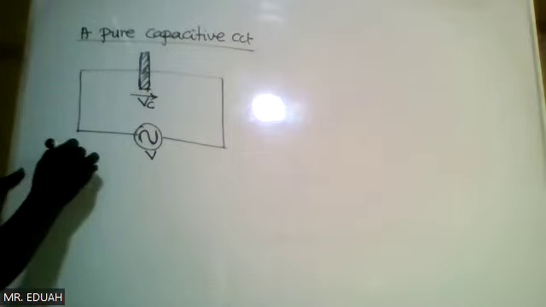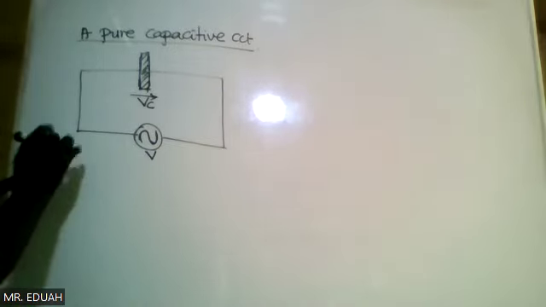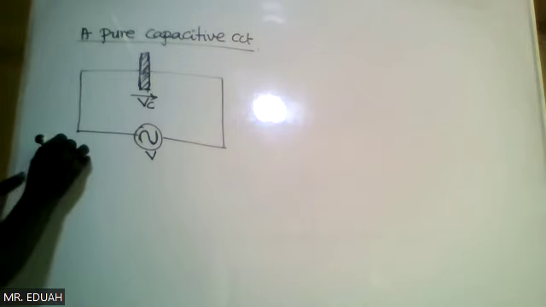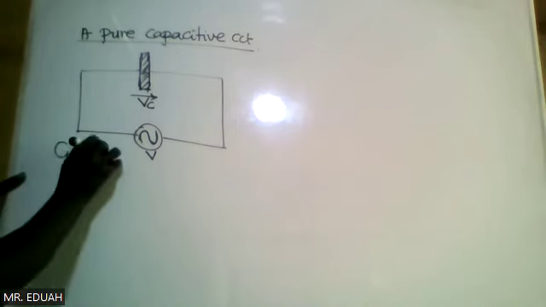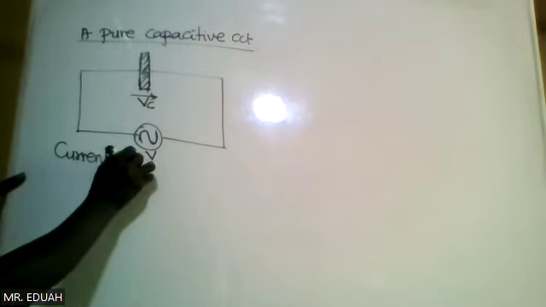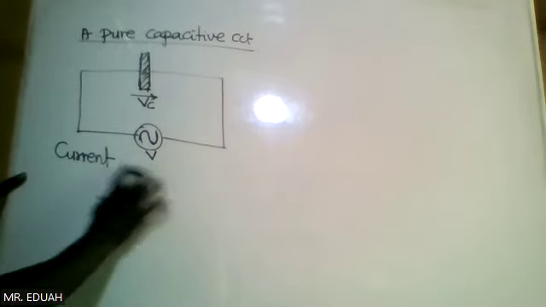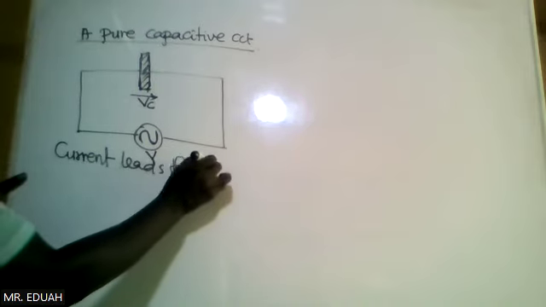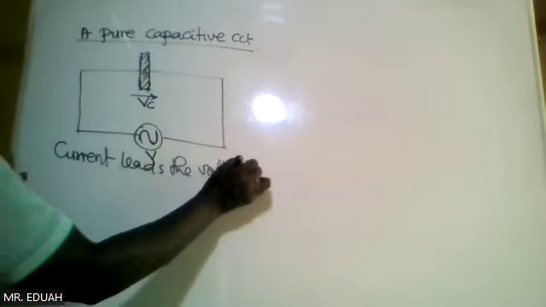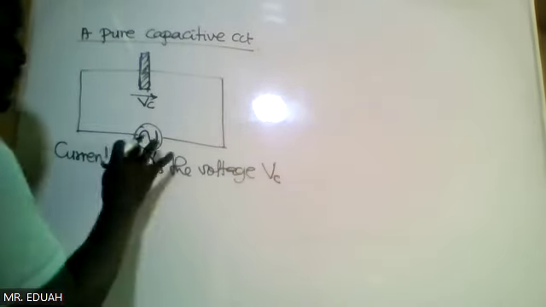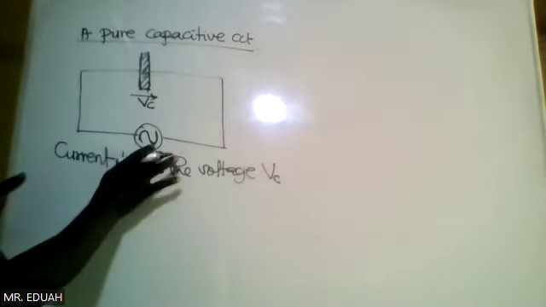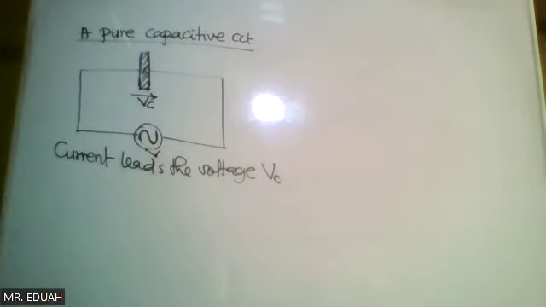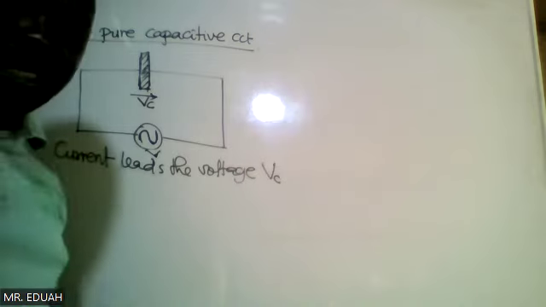we are saying that the current leads the voltage. So the alternating current leads the voltage. And here, VC is of course equal to the source voltage because this is the only actor or actress in the movie.